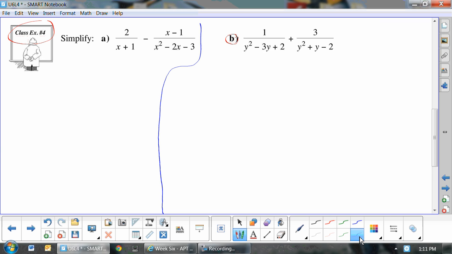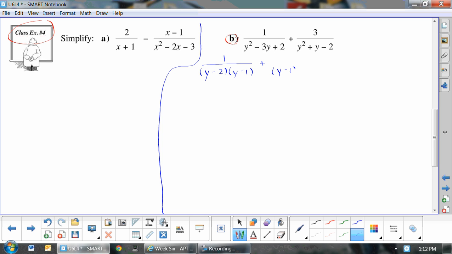So we want to factor both of the denominators because we need to do that to find our LCD. So you go y minus 1 and y minus 2.